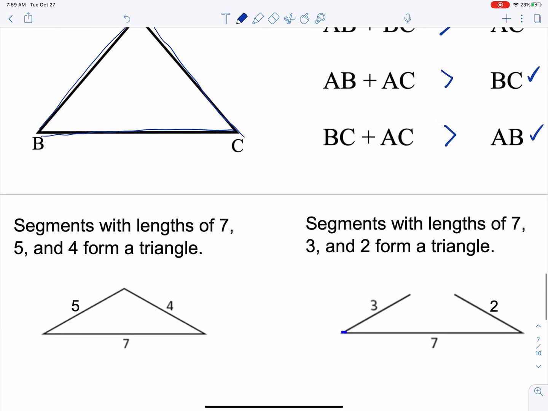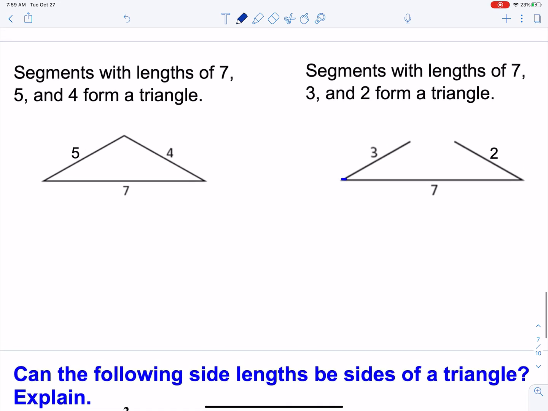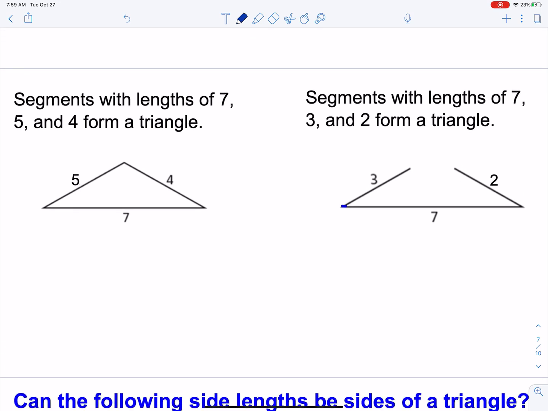Let's talk about why this is useful, how this works. On the left, we're shown segments with lengths of 7, 5, and 4, and those do form a triangle because 7 plus 4 is greater than 5, 7 plus 5 is greater than 4, and 4 plus 5 is greater than 7.